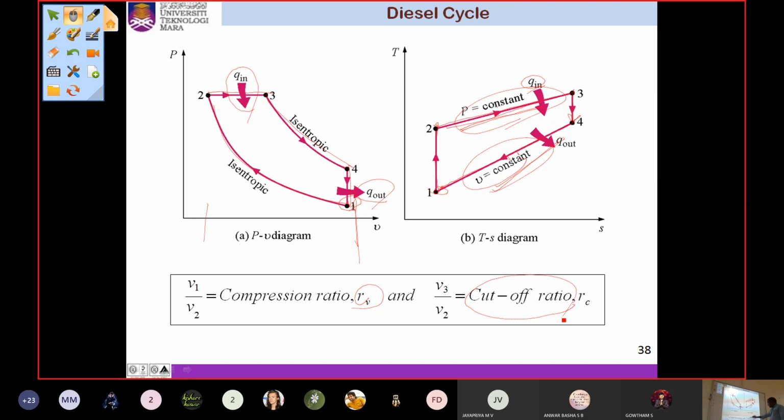The cutoff ratio is similar to the compression ratio, and in the diesel cycle it is V3 by V2. The compression ratio is calculated by V1 by V2, and the cutoff ratio by V3 divided by V2. Right. Just don't get confused. These are ratios between the volumes. That's it.